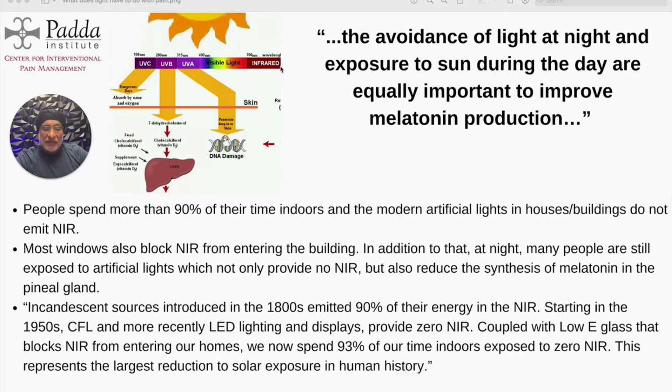And 95% of the melatonin produced in our body is produced in the daytime with the exposure of the mitochondria to infrared light. The infrared light goes through the skin, gets into the cells, gets into the powerhouse of the cell, which is the mitochondria.